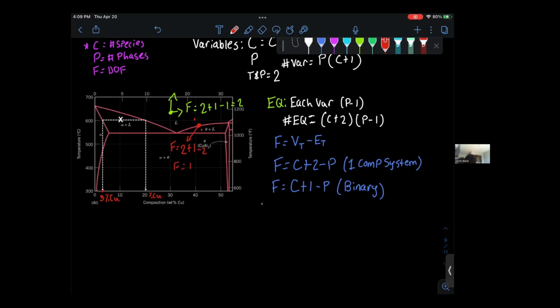So we have 1 degree of freedom. If we change the composition, the temperature is going to change with us. If we change the temperature, the composition is going to change with us. What about right here? Well, we have 2 species plus 1. We have 3 phases, so we have no degrees of freedom.